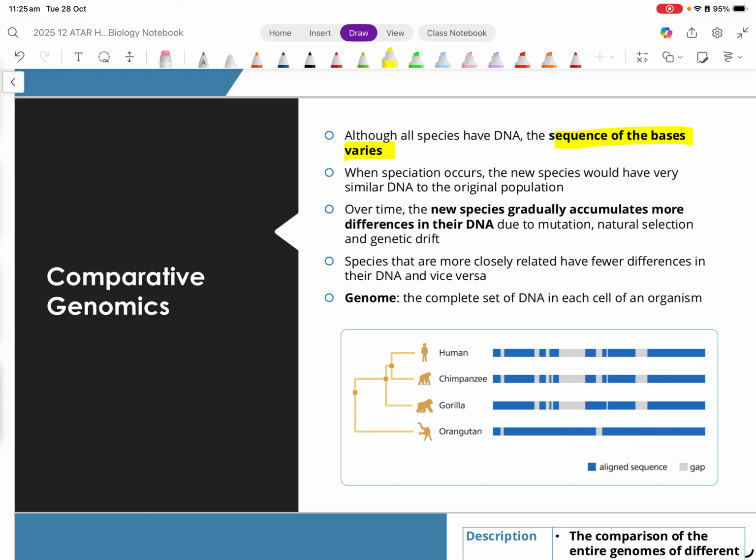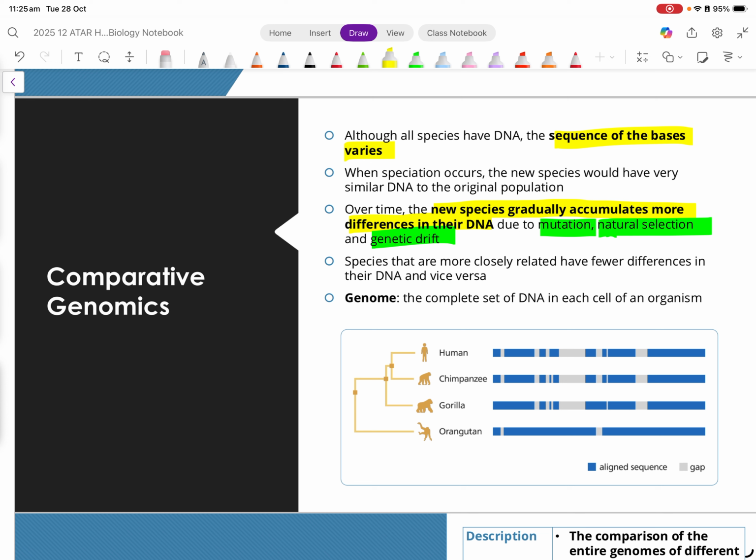But over a long period of time, new species gradually accumulate more differences. That's due to a combination of, firstly, mutation, secondly, natural selection, and third, genetic drift, all of which we've spoken about previously.